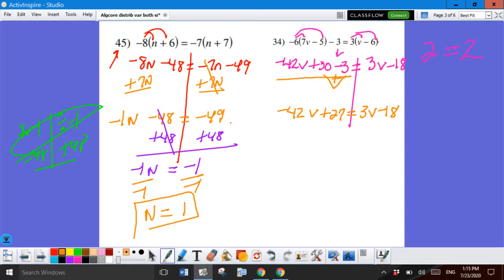All right, so if you haven't finished the problem from here yet, go ahead and hit pause and finish the problem from this point. Okay, first thing you're going to do is move the 3v. So negative 45v plus 27 is equal to negative 18. And I know I have times negative 45, divide negative 45, plus 27, minus 27.